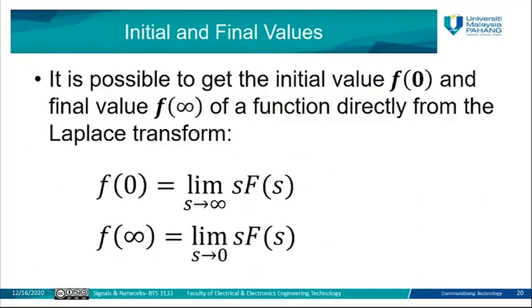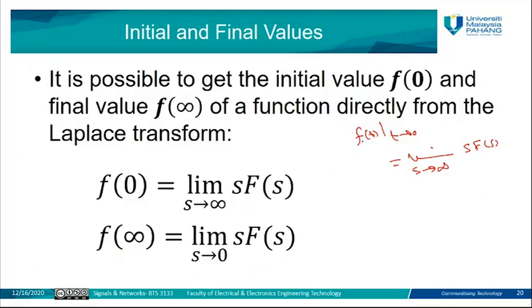Initial and final values. Also, this is some of the properties of the Laplace transform. If you want to find the initial condition for the function f(t) when t goes to 0, it equals the limit as s goes to infinity of s F(s).